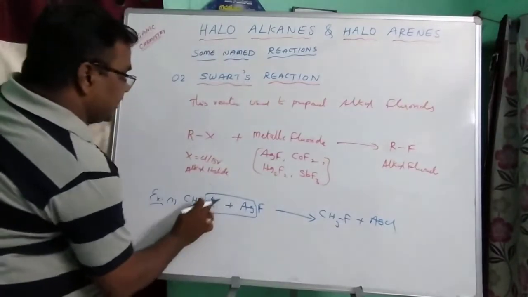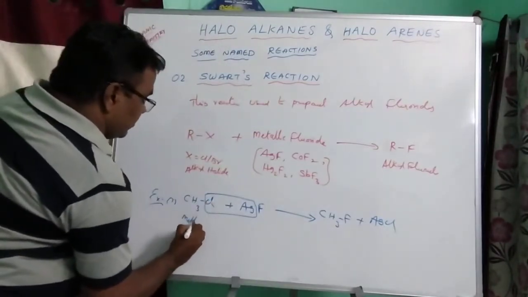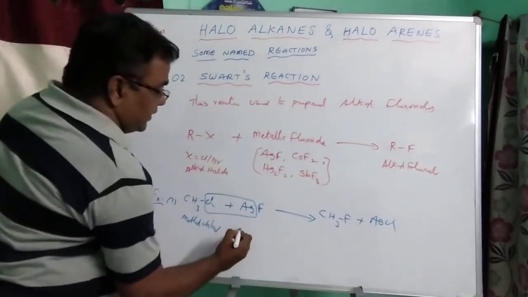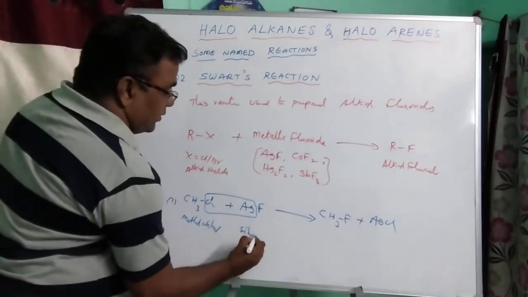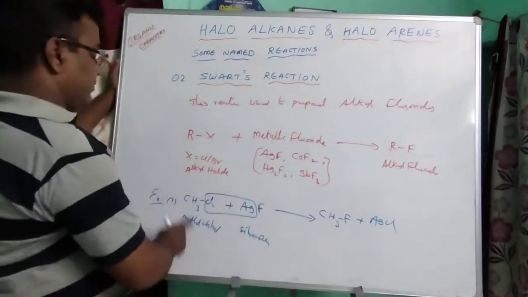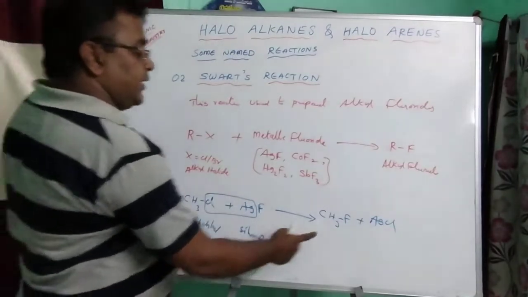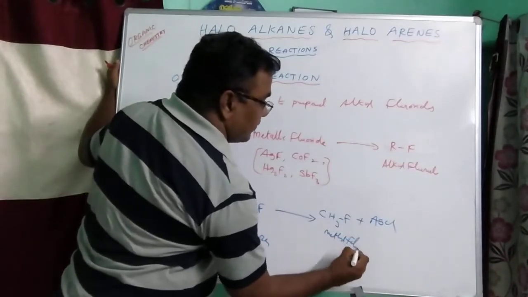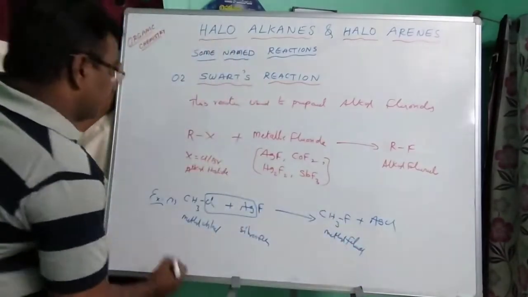CH3 is methyl, Cl is chloride, this is methyl chloride. This is the metallic fluoride, silver fluoride. When methyl chloride reacts with silver fluoride, it gives methyl fluoride. This is the first alkyl fluoride.